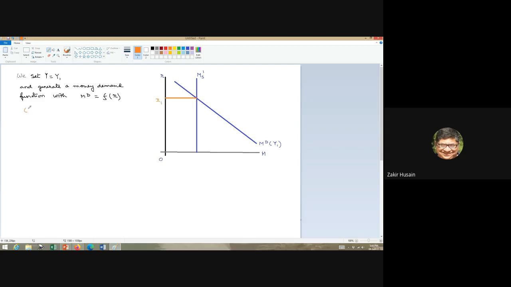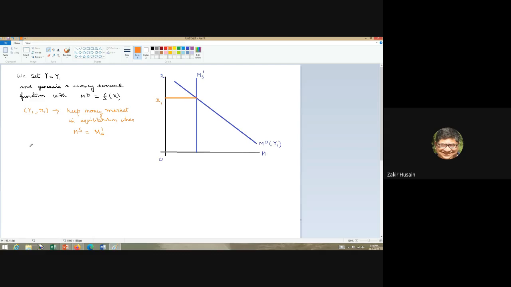So that means we are getting a combination of y1 and r1 which will ensure that the money market is in equilibrium, when the supply of money is equal to M1 bar.